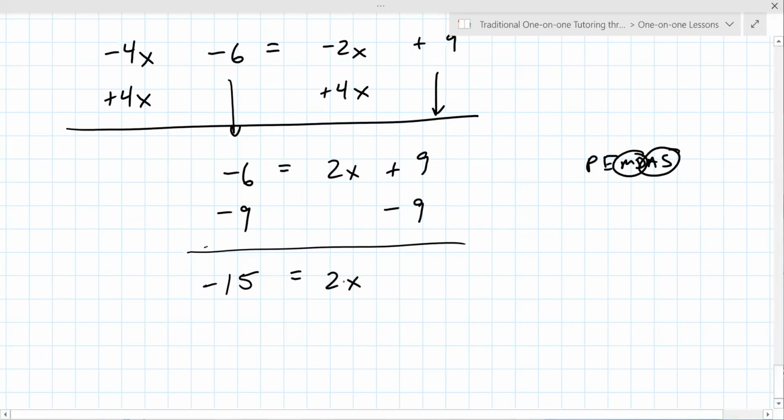So now you have multiplication, your socks. How do you undo this? You divide by 2. So negative 15 over 2. Yeah, I mean, it doesn't matter, you just leave it as a fraction like this.